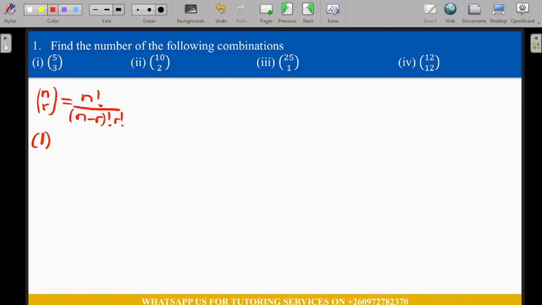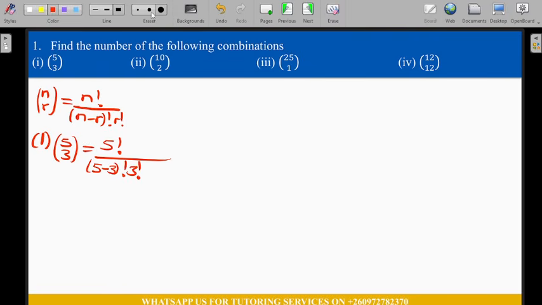So for part 1 we are given 5 combine 3. To evaluate this, we use the same general formula. Here n is 5 and the value of r is 3. So we have 5 factorial over 5 minus 3 factorial, 3 factorial.